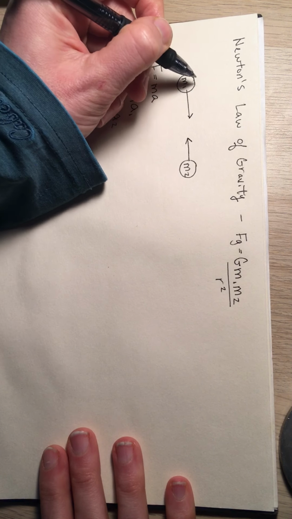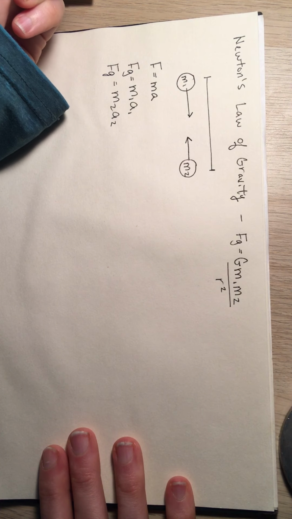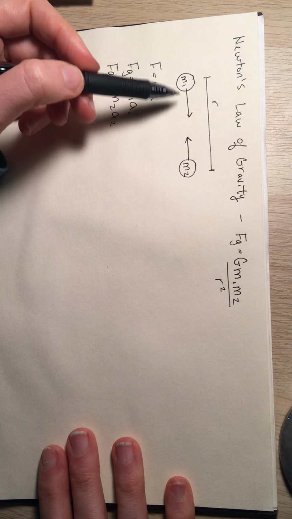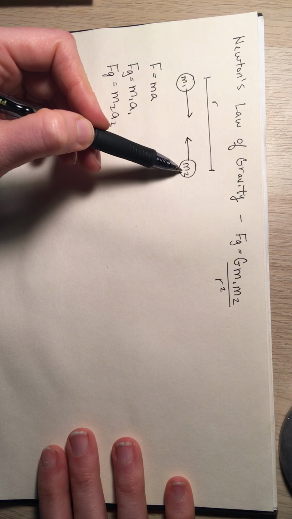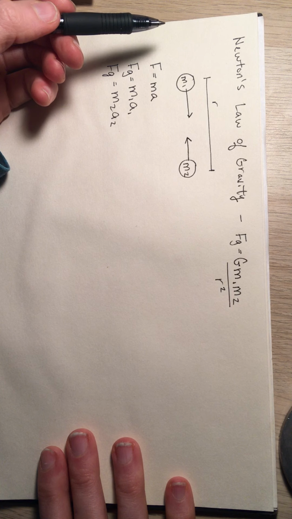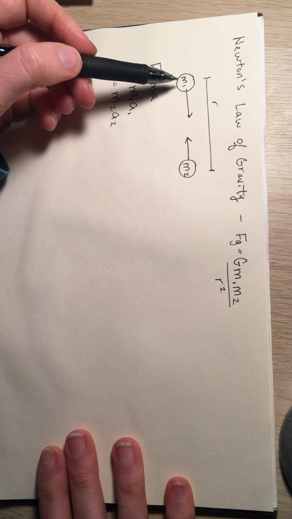One thing I want to point out is the distance between these two items. That's r. And r in the Sun-Earth system is the radius of the orbit of the Earth around the sun. Now, as Kepler pointed out with his first law, the orbits of the planets and the moons are elliptical, not circular.